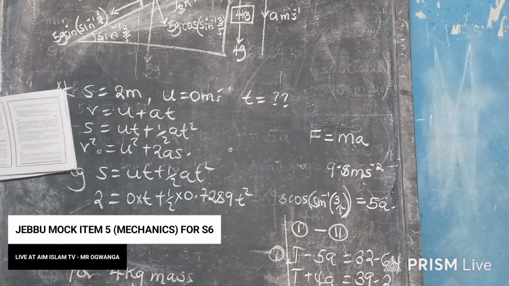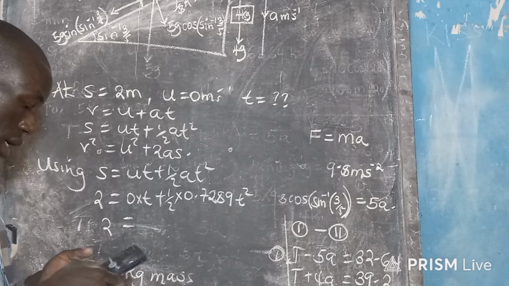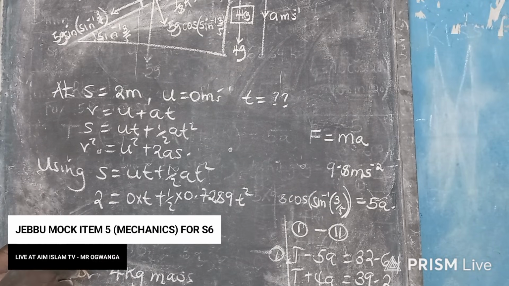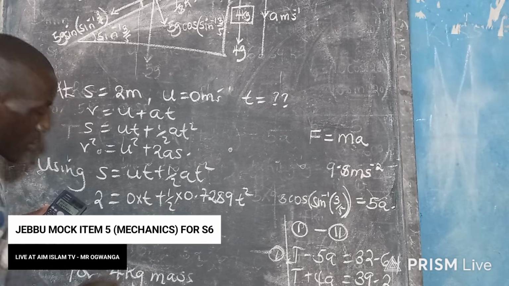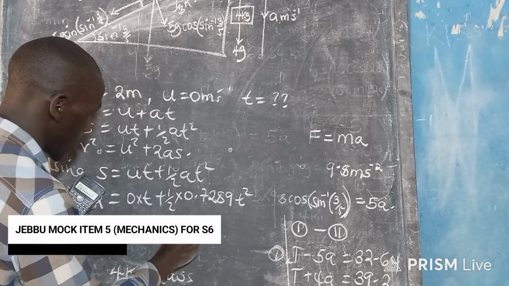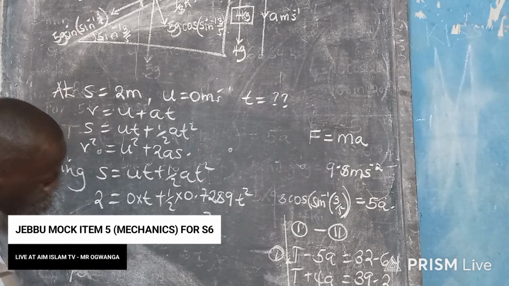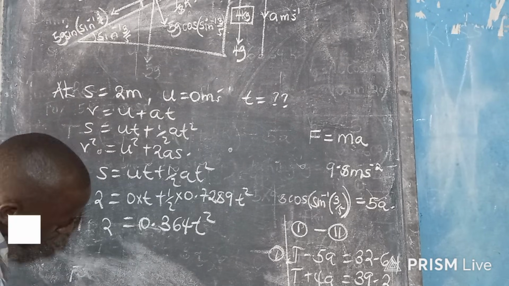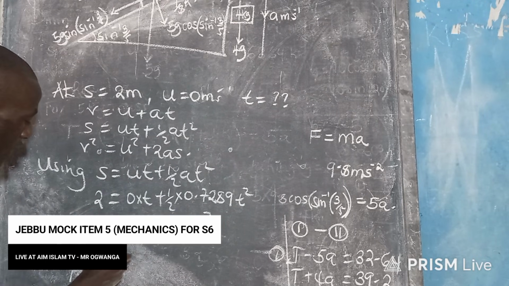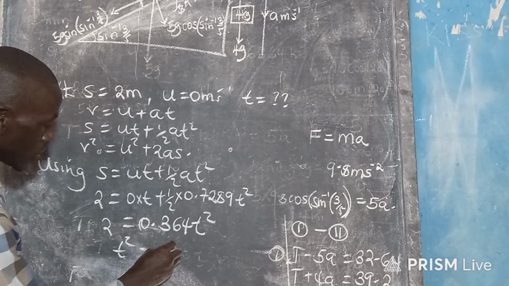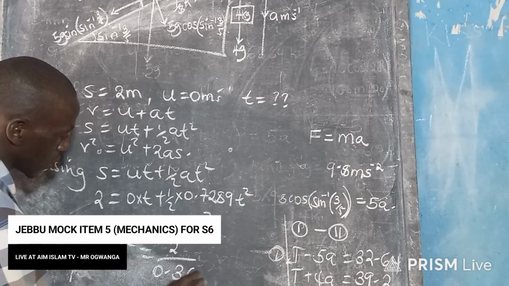We'll have only 2 equals, when you look at this value divided by 2, it's the same as 0.364 t squared. Then 2 equals 0.364 t squared.